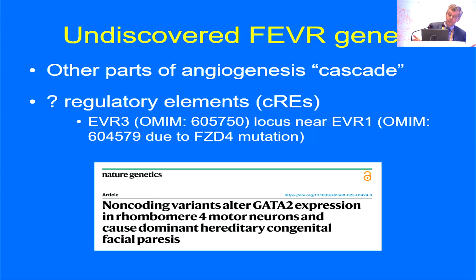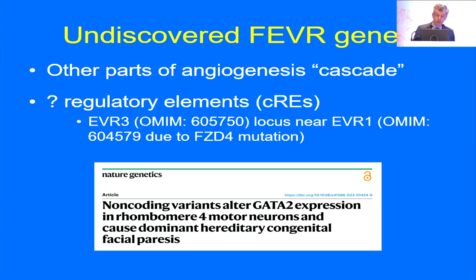One potential example is that if you look in OMIM, exudative vitreoretinopathy type 3 doesn't have a gene associated with it, but its locus is very close to exudative vitreoretinopathy 1, which is the frizzled gene. So I do wonder as a clinician whether someone's going to identify a regulatory element there that controls the frizzled gene. And this is important.